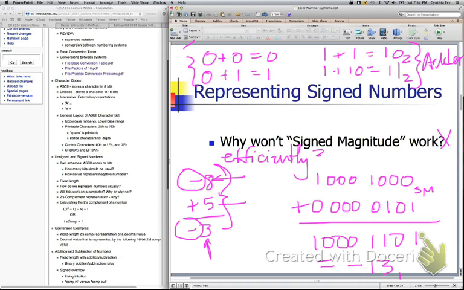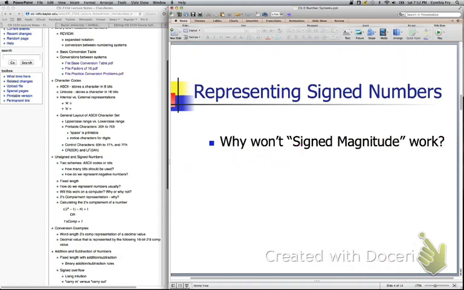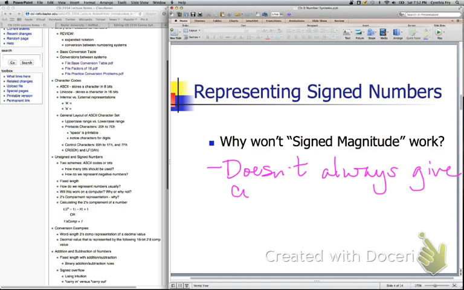So, did I get the right answer? Well, my answer should have been -3. I got -13. First problem with this: it doesn't always result in correct results.